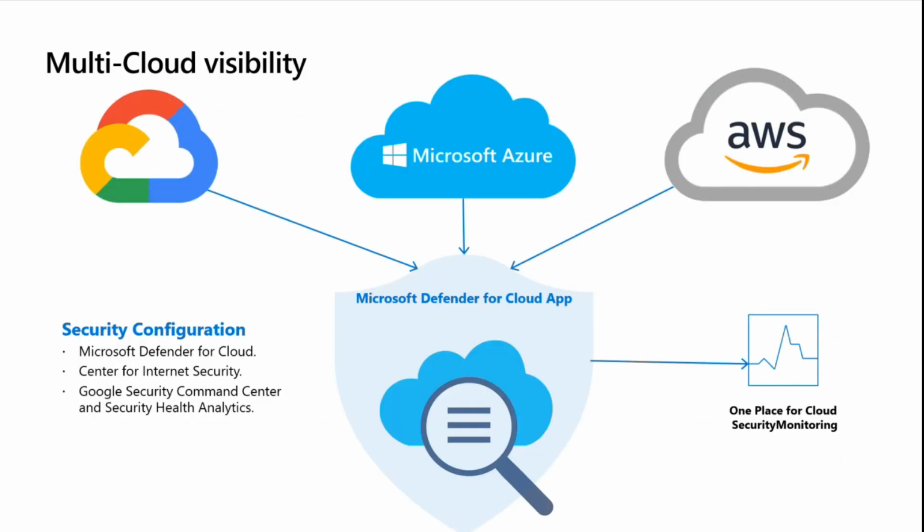All right. This is an interesting slide because a lot of the time customers don't look at a cloud as an application, but just like getting visibility into 31,000 plus applications, Defender for Cloud Apps can also get visibility into other cloud platforms, including our own Azure, Google Cloud, or AWS. So what do you do at that point?